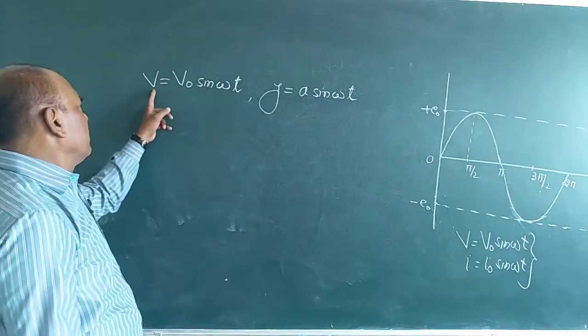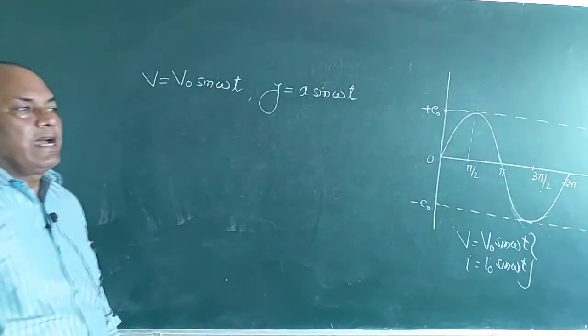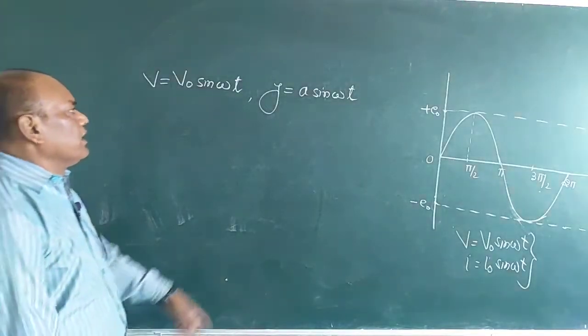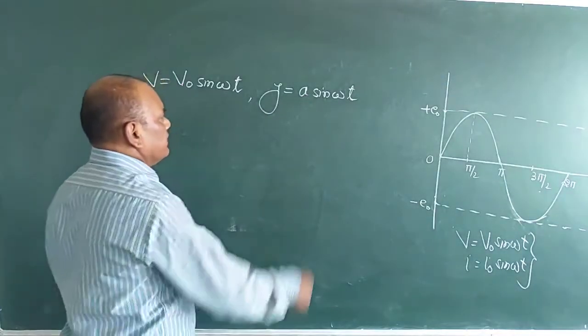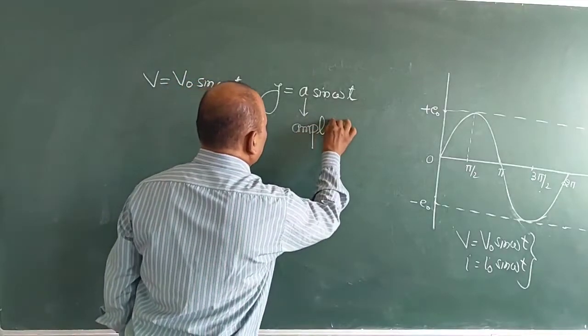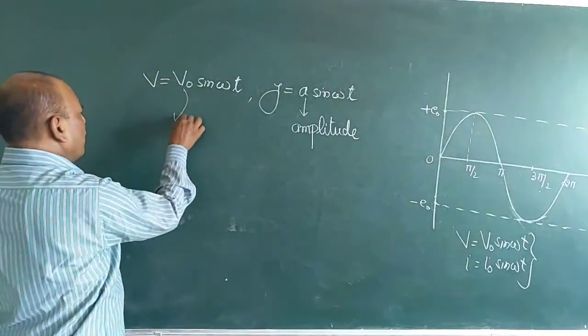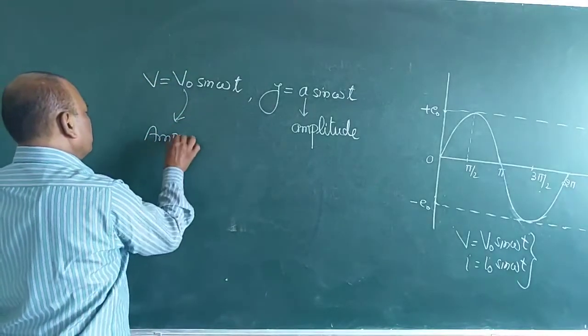Similarly, this curve V is equal to V0 sine omega t also has oscillating nature. Now here, this A is called amplitude.